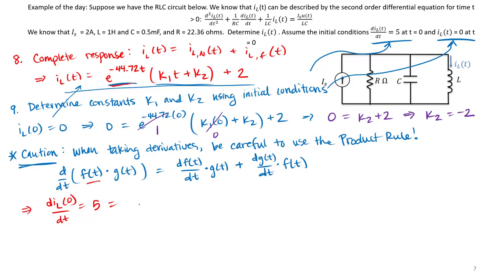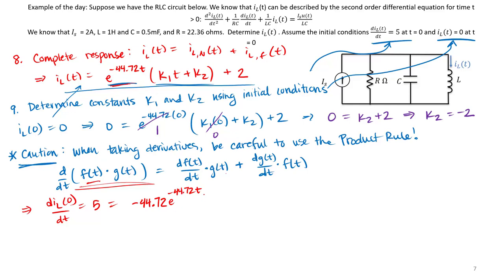Derivative of our first term, e to the minus 44.72t, that just becomes minus 44.72 e to the minus 44.72t. And remember, by product rule, the derivative must be the product of the first term's derivative times our second function.